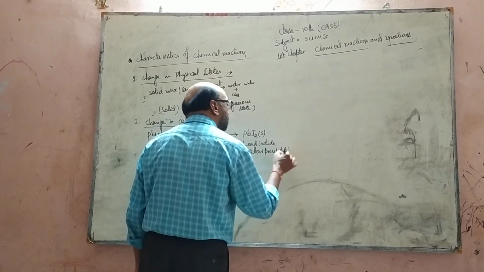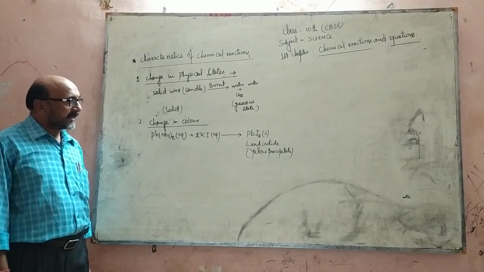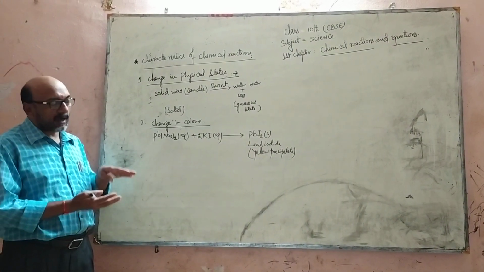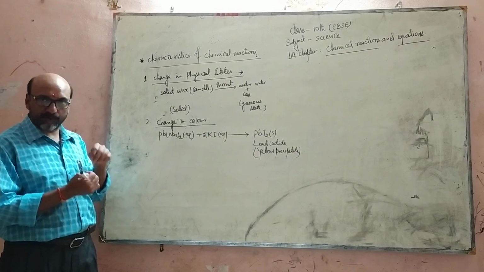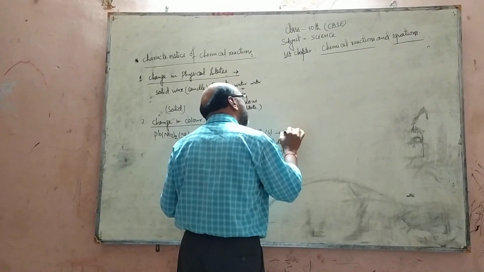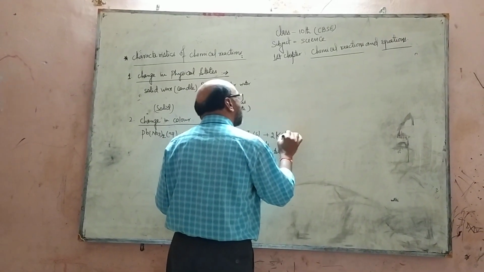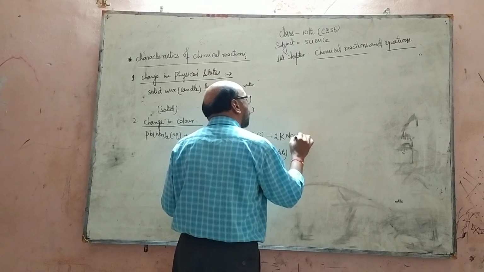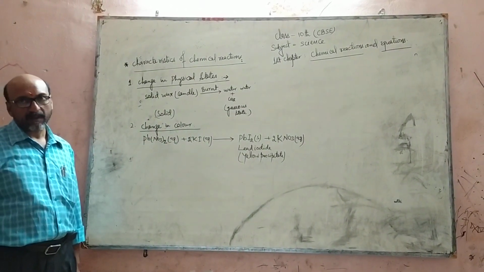Precipitate means the solid substance which gets settled at the bottom of the test tube in the solution, and with the formation of this precipitate, an aqueous solution of potassium nitrate is formed. Right?